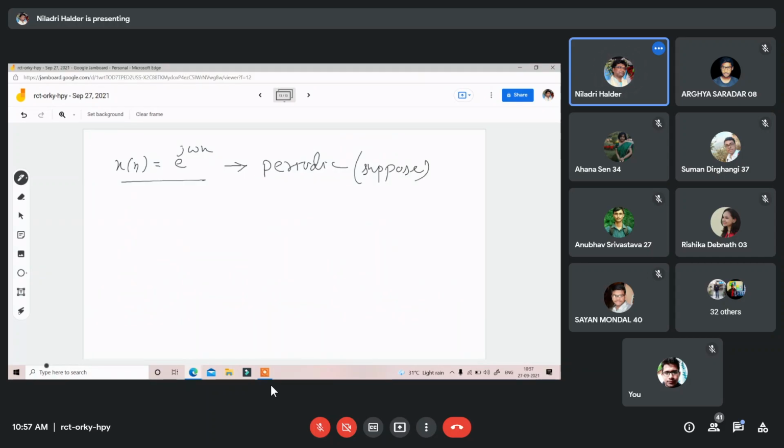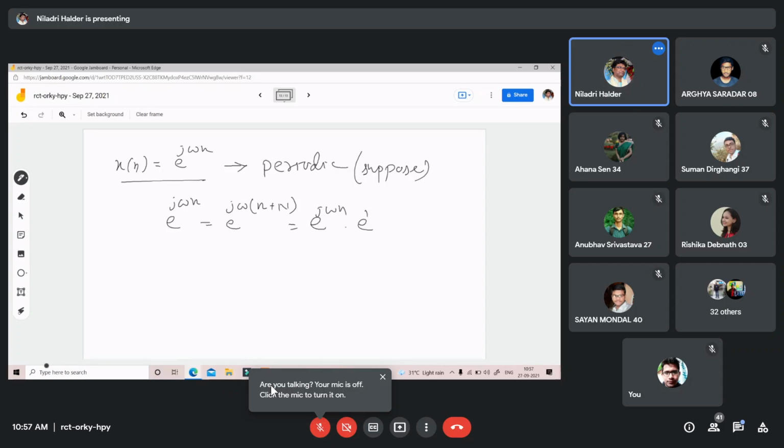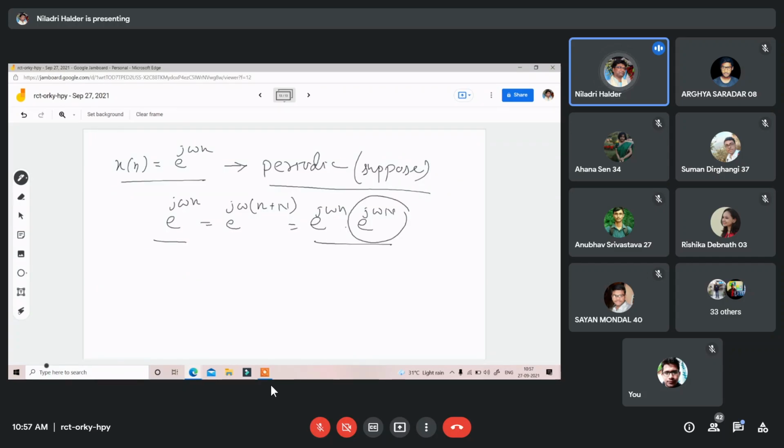So you can write e to the power j omega n as e to the power j omega (n plus N), or e to the power j omega n into e to the power j omega capital N. As it is periodic, obviously this will be equal to this when this portion is equal to 1.